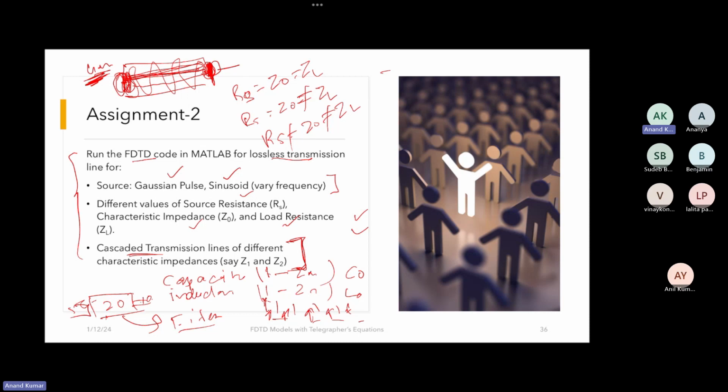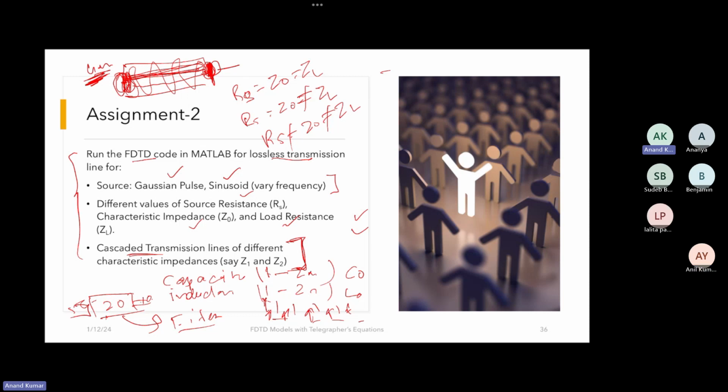Since we are working with transmission lines in this particular course, which are a specialized case of Maxwell's equations in just one dimension, the telegrapher's equations will be limited to one dimension. So in this course, we won't be doing that. But I've already taken a course which covered 1D and 2D and the theory for 3D.